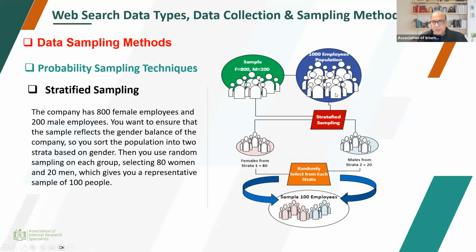For instance, if you just look at where I'm pointing my arrow in this diagram, supposing the population where you're doing your surveys consists of 1,000 employees. 1,000 may be a large number for you to work on in order to do research.